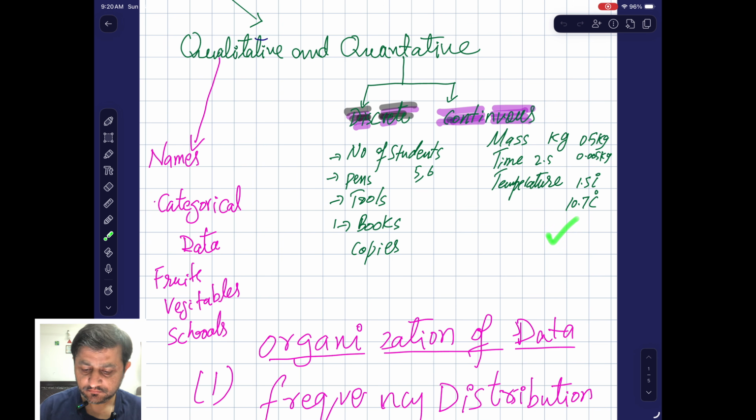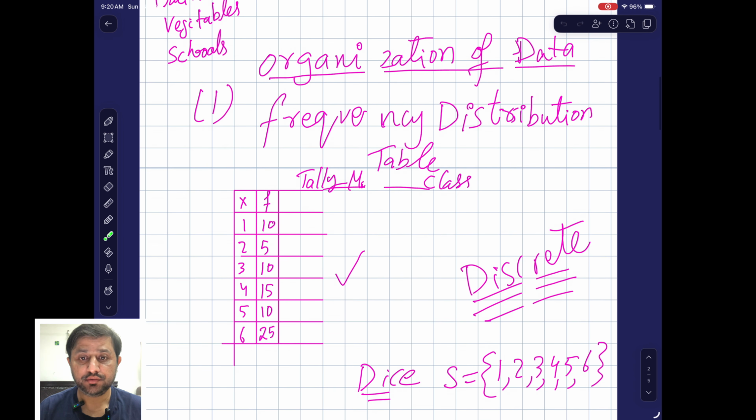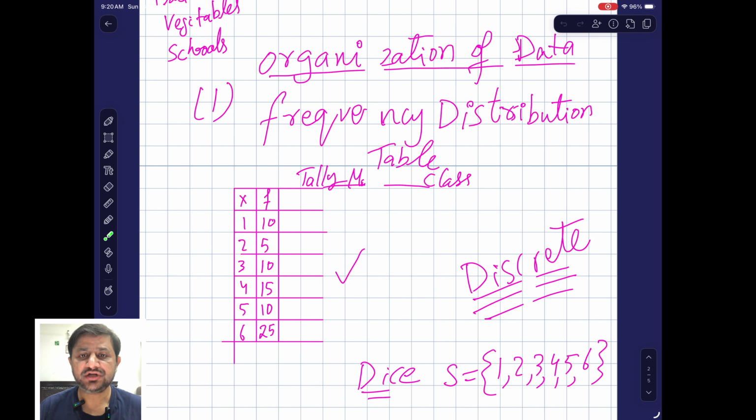Then the next part of this topic is organization of data, where you have to organize the data to understand it. If you have raw facts or figures, when you organize them, then you will understand which type of data you have, how you can check its average, or do some analysis, and you can interpret easily, right?